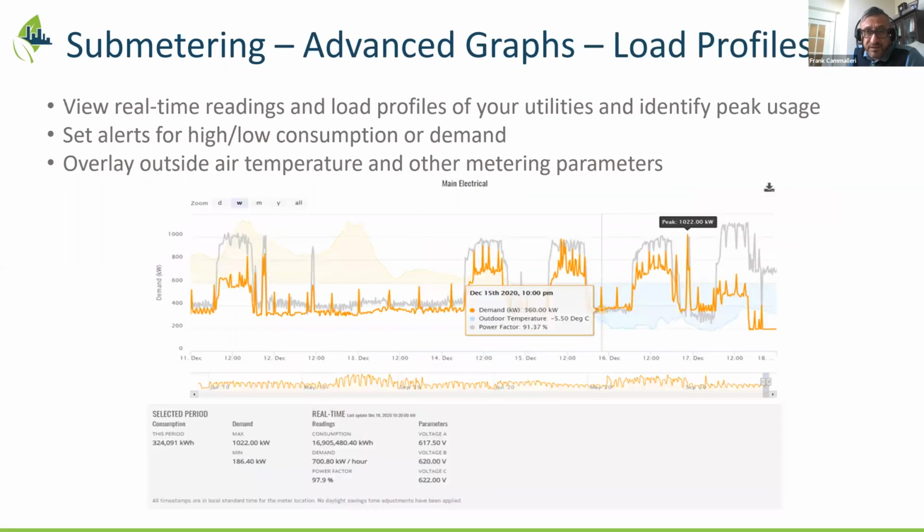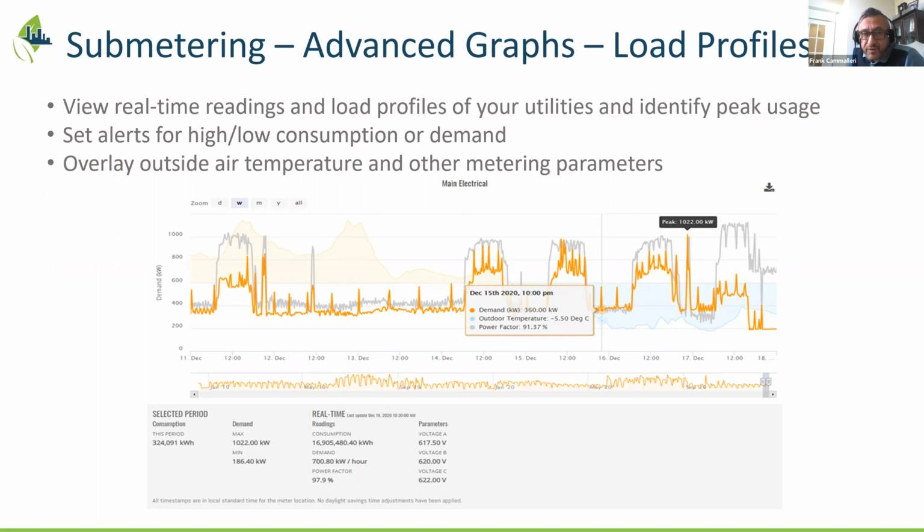Just continuing on, you can get into some really detailed analytics with some of the advanced graphing features. Here's just an example, and we'll get into a couple of examples that I've dealt with and talk about exactly how you use this. We talk about how you use this data to look at individual things and set alerts.